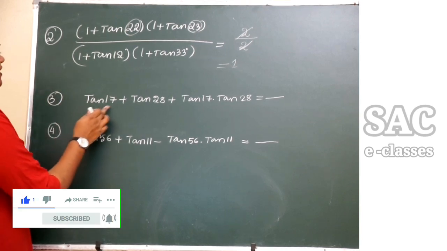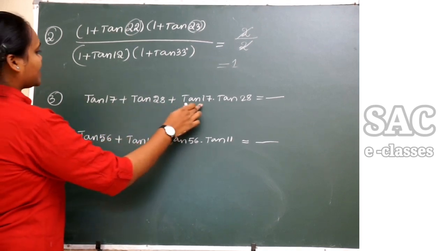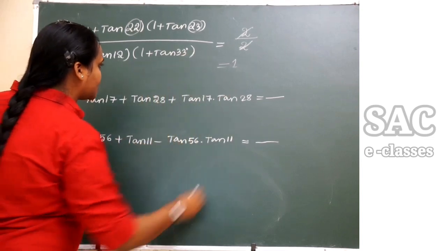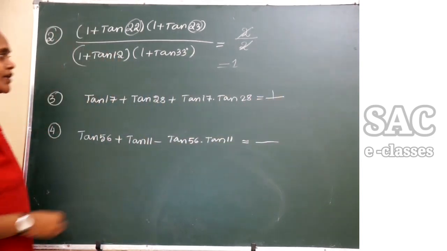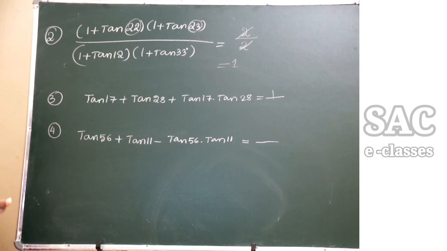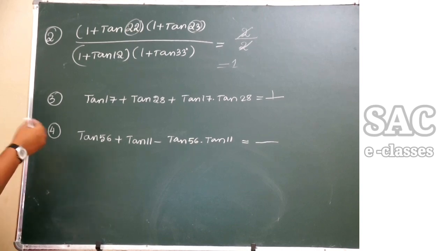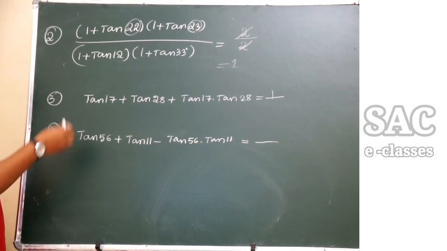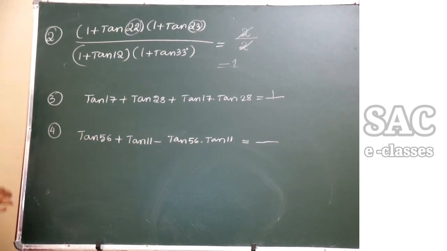It is tan 17 plus tan 28 plus tan 17 into tan 28. Its value is 1. In what way can I show that its value is 1? We know our topic is about proving some trigonometric ratios without using pen and paper and without actually knowing the concept.